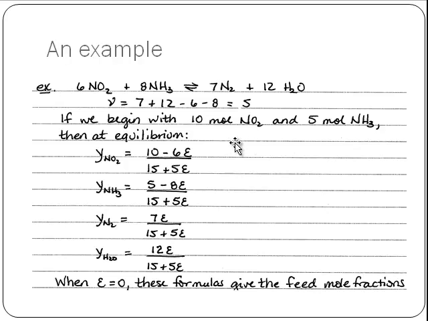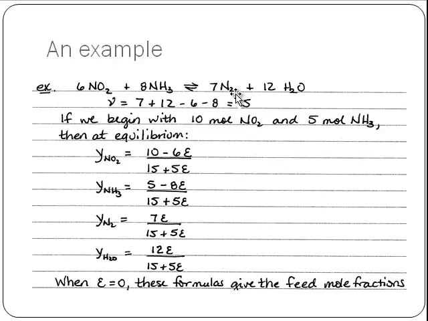So if I want to look at what's going to happen to the mole fractions at equilibrium, if I start with a feed of 10 moles of NO2 and 5 moles of NH3, then at the end I will have 10 moles of NO2 less the amount that reacted, 6 epsilon. NH3, I started with 5 moles, 8 epsilon reacted, so 5 minus 8 epsilon.